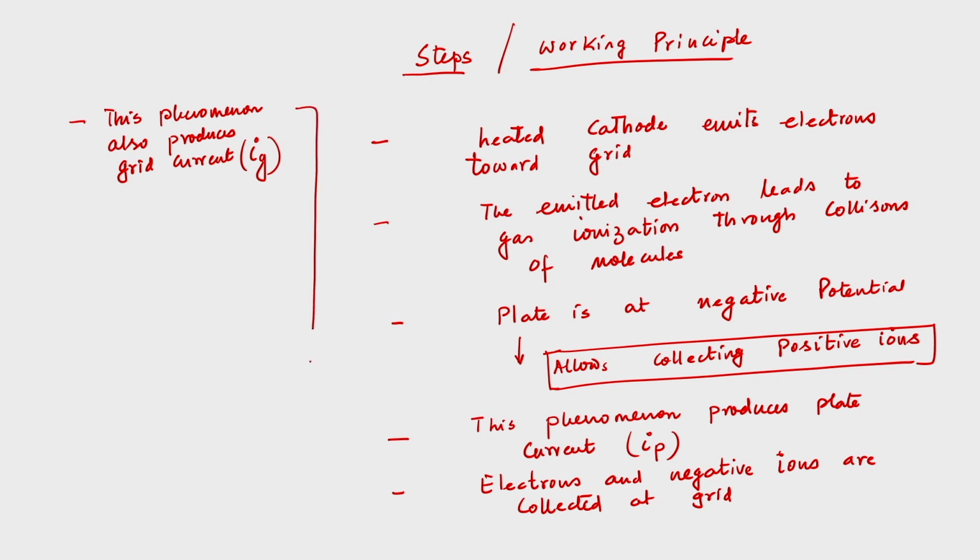So, next step I am writing at the left hand of this slide: the electrons emitted by the cathode will be collected at the grid together with the negative ions because of the gas ionization.